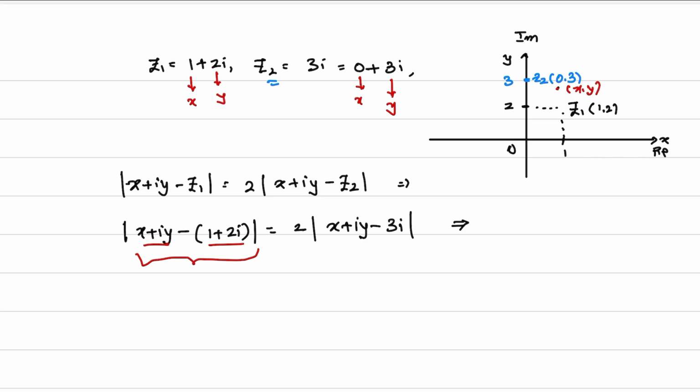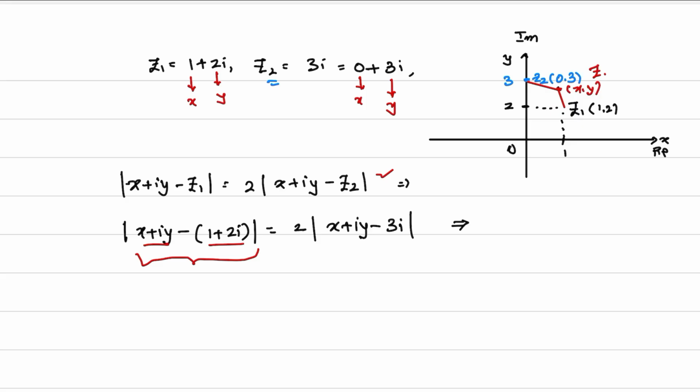The distance between z1 and (x, y), and the distance between z2 and (x, y), is such that the locus of this point, the trace of this point fulfilling this condition, is the curve. That is called curve tracing. We will do the curve tracing in the next step.